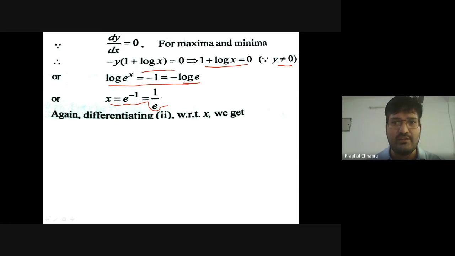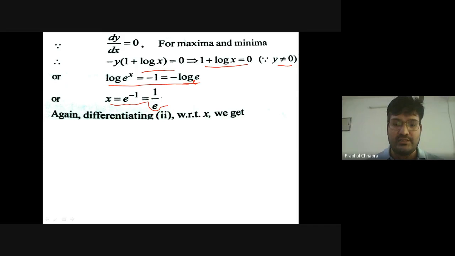If the base is not mentioned for any logarithmic function, then by default the base will be e. So minus 1 can be written as minus log e to the base e. Now apply the property of logs by transferring this into this side and get the value x is equal to e inverse or 1 upon e.